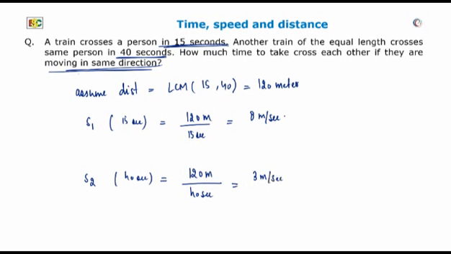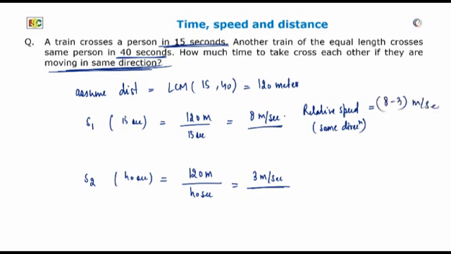Now both the trains are moving in same direction, so relative speed will be equal to the subtraction of 8 and 3 meter per second, that is 8 minus 3, or 5 meter per second.